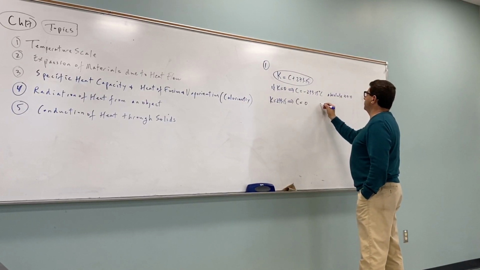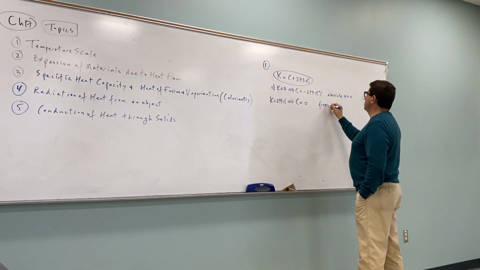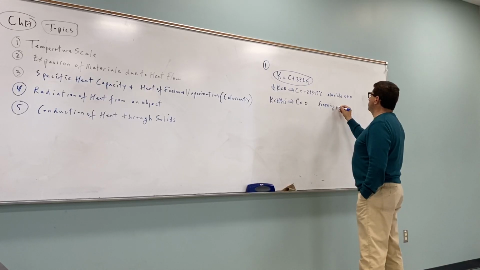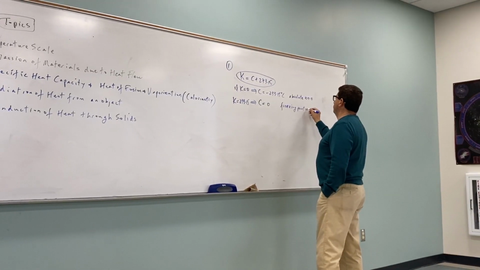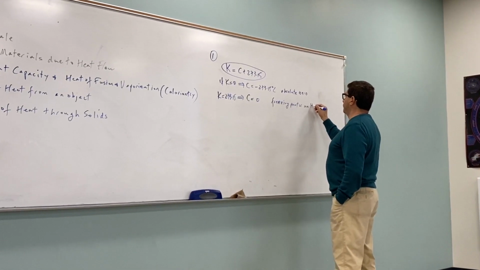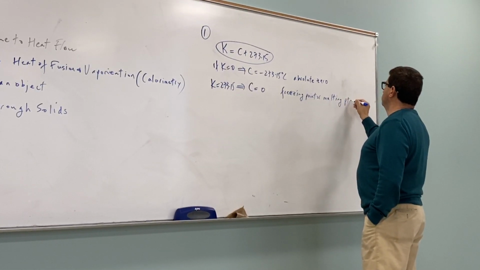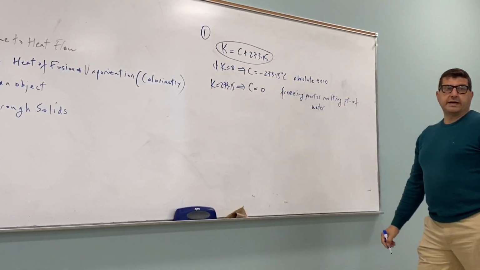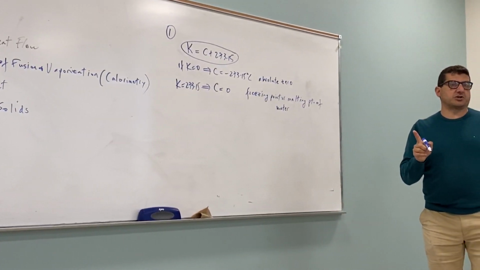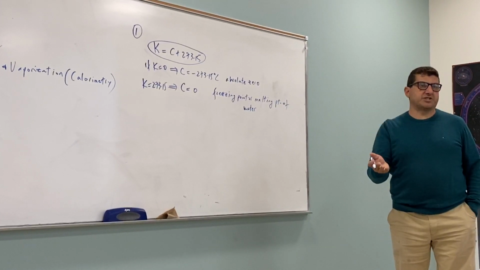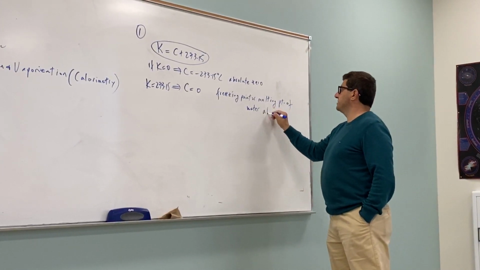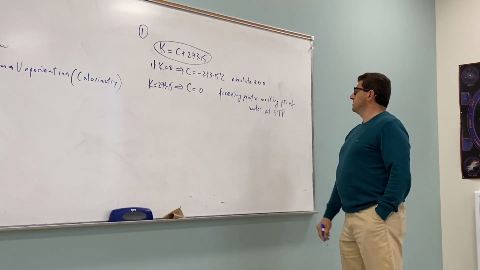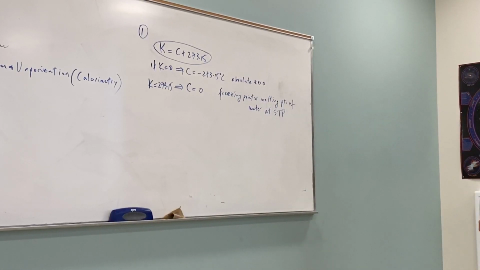And then we say that's the freezing point or melting point of water at standard temperature and pressure, at atmospheric pressure. So at STP, the melting point or freezing point of water is 0 Celsius.